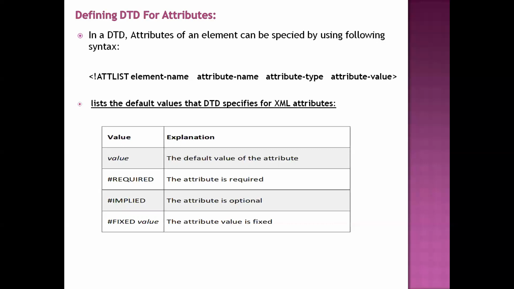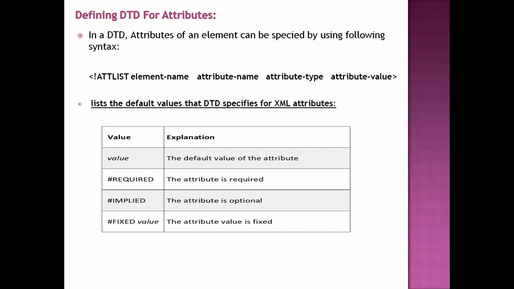In DTD, all attribute types are specified as either PCDATA or CDATA. So whatever type of content your attribute takes, it is either PCDATA or CDATA, followed by the attribute value. Here, if you specify a value, it indicates the default value. For example, if I specify EN, that indicates that for the language attribute, EN is the default value.